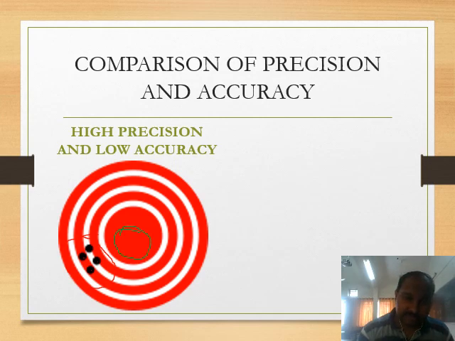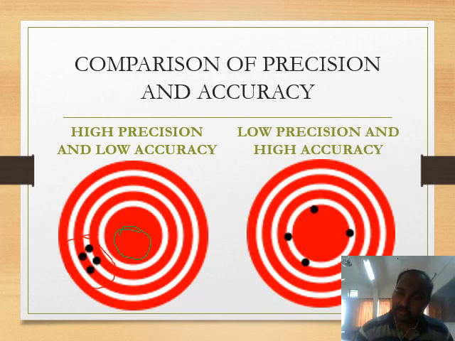When I compare this true value with the obtained values, they are far from each other. That means these values are highly precise, but since they are far from the true value, they have low accuracy.